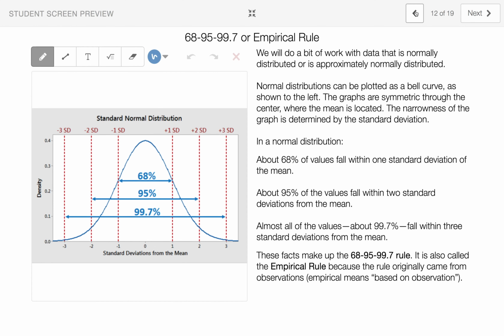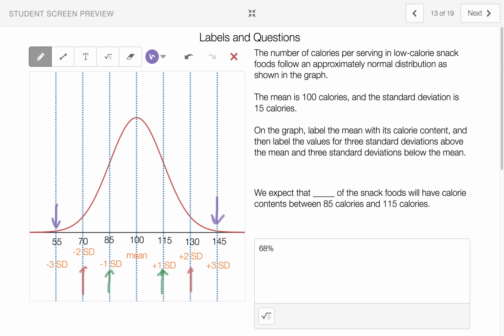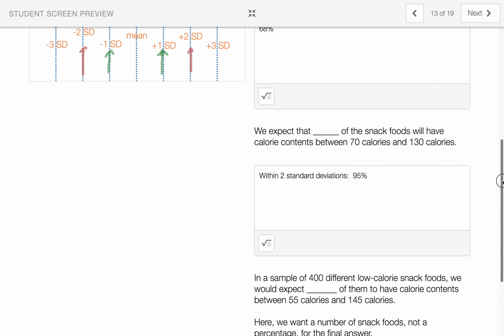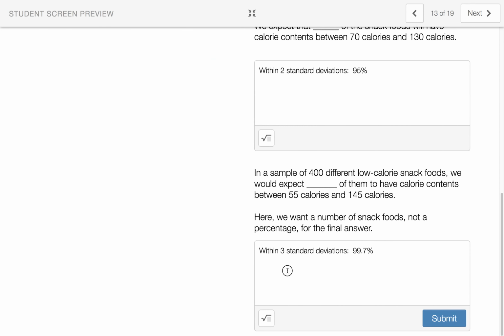Now you're going to make me go double check. Yep. There was a moment when I thought maybe it's something else. 99.7%. We need to find 99.7% of 400. And it should be almost everybody.